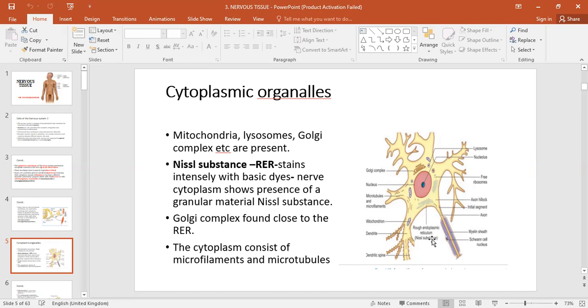This is for a special reason, because these rough endoplasmic reticulum in nerve cells are specialized to produce a special type of protein known as neurotransmitter. So neurotransmitters are produced here in the rough endoplasmic reticulum. Then they are transported to the axon. That's why they are just near there. So once they finish producing neurotransmitters, they can easily go into the axon.